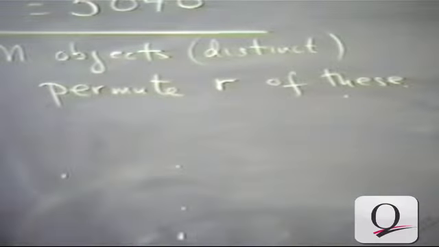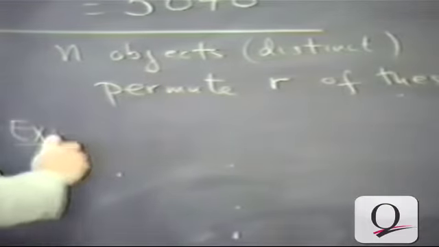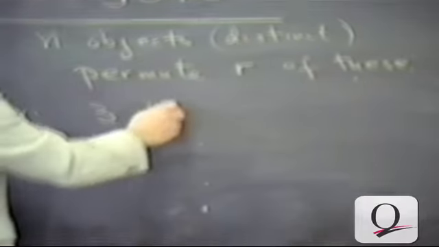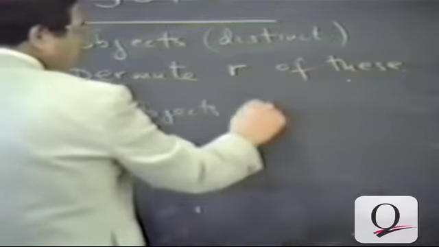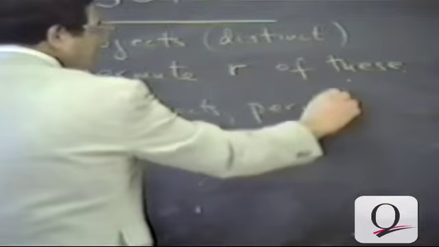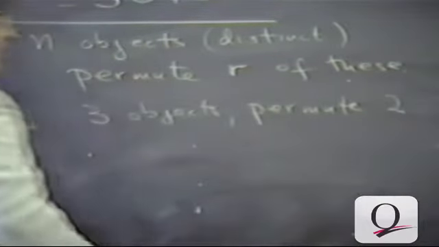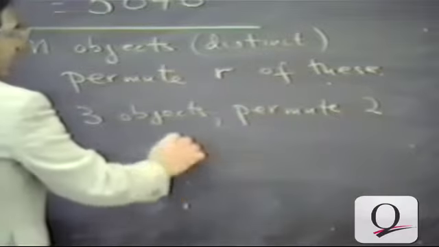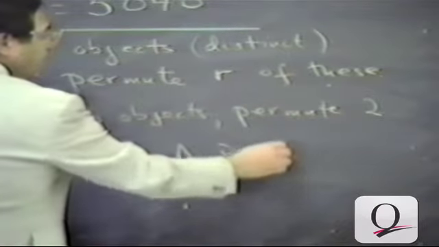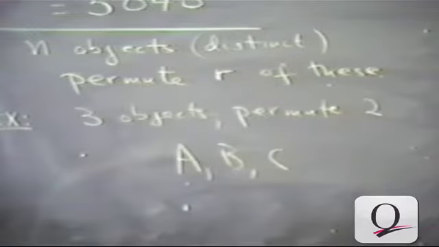For example, suppose I have 3 objects, but I only want to permute 2. I'll start with the same 3 objects I had before. Let's say A, B, C. And I want to know how many ways could I pick 2 of these to arrange them.